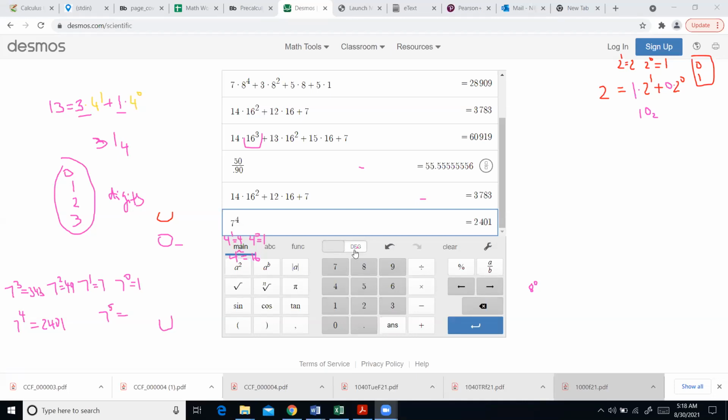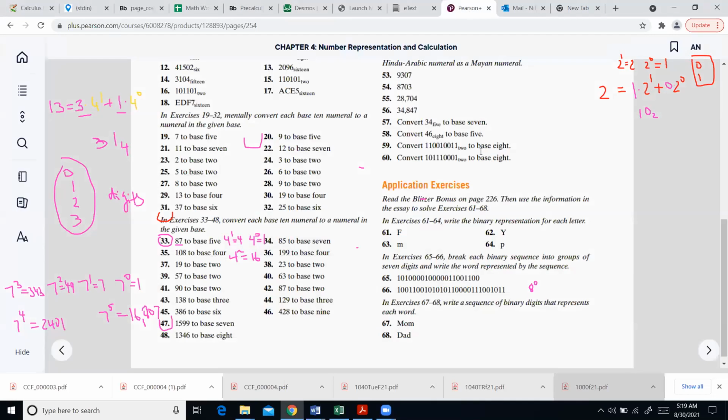And this is 16,000 already. I guess that'd be large, right? 16,807. Okay, so let us get back to the page that has number 1346. Oh, actually 1599.